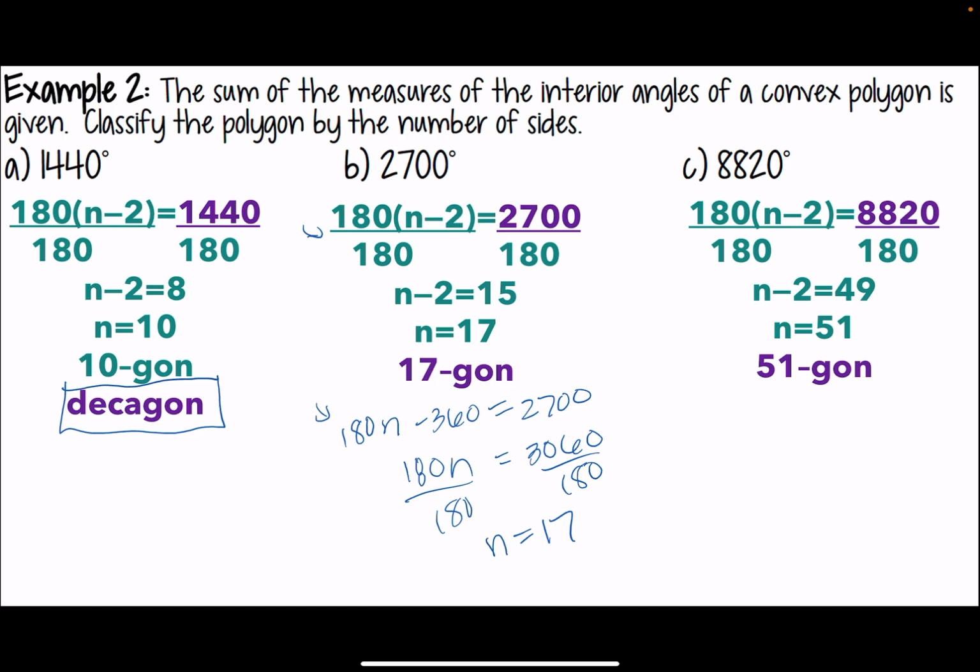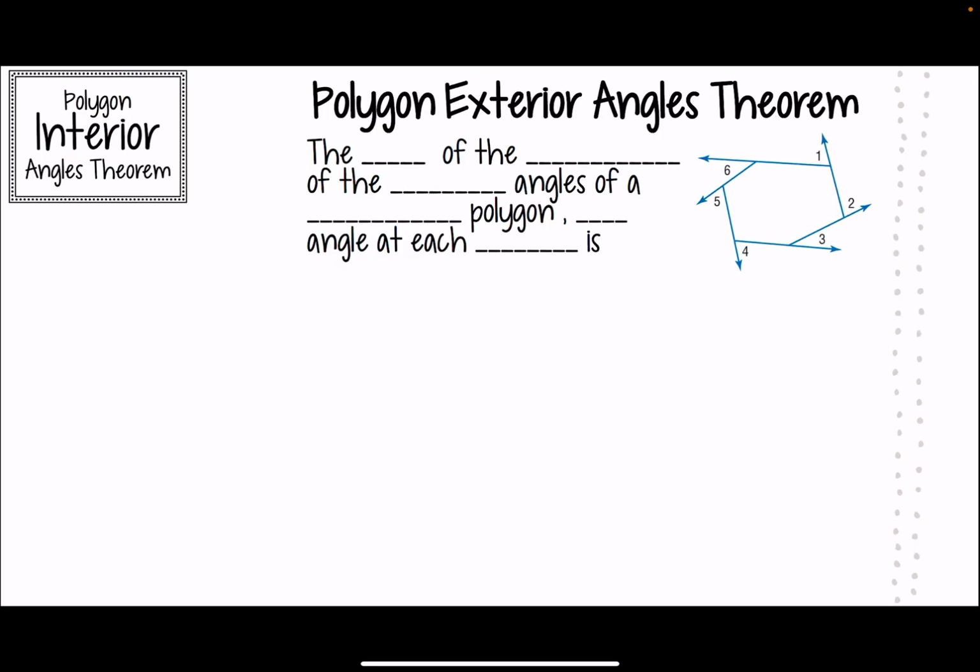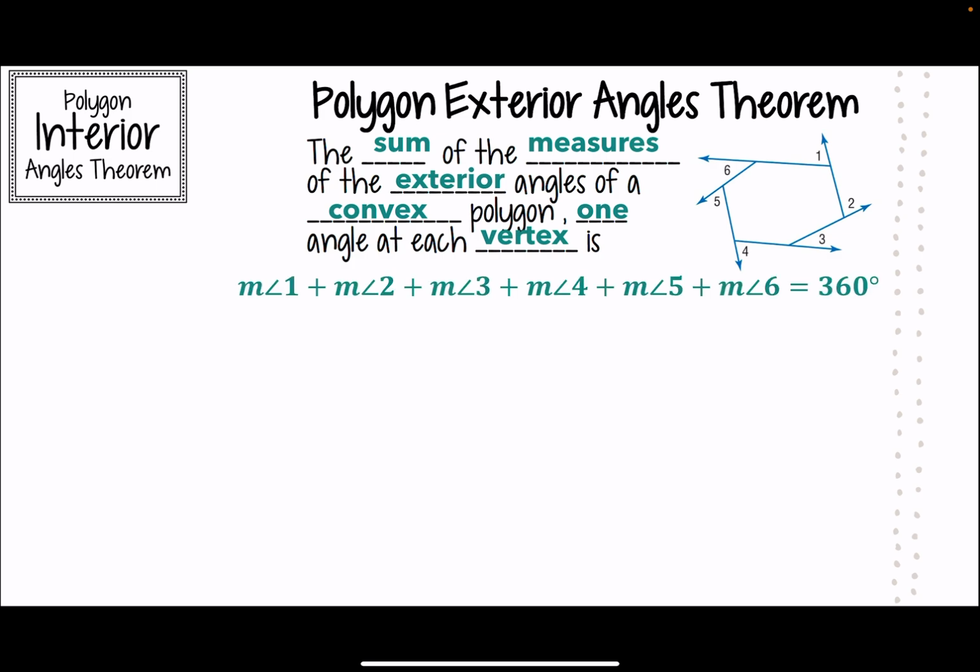All right, and that's how easy it is to work with the interior angles. The exterior angles, they're even easier. So the exterior angles theorem is that the sum of the measures of the exterior angles of a convex, this is important, polygon, one angle at each vertex, is going to add up, right here, each of these add up to be 360.